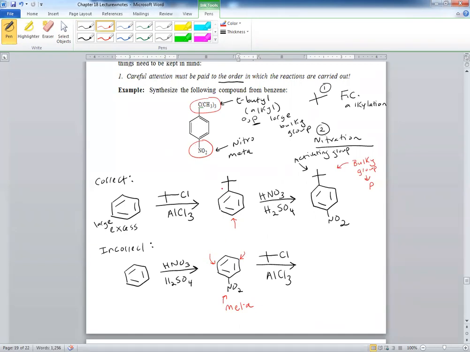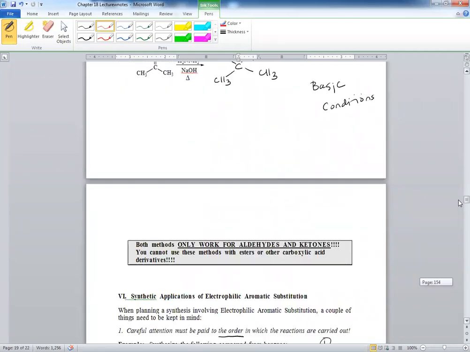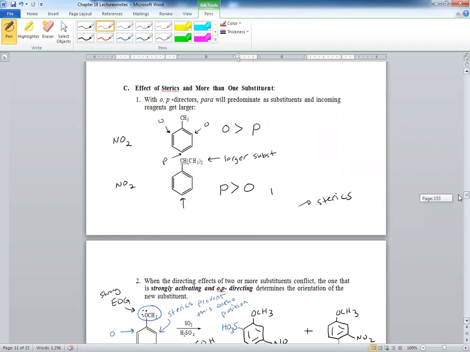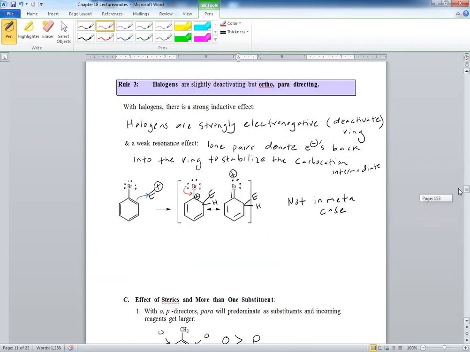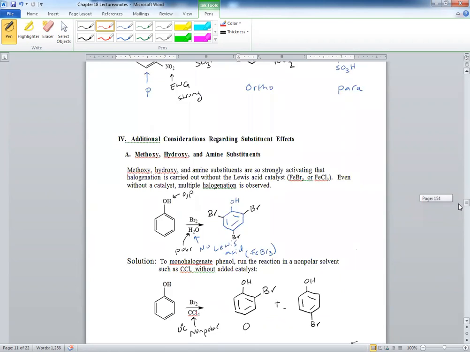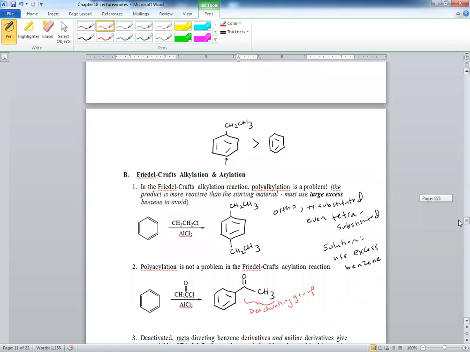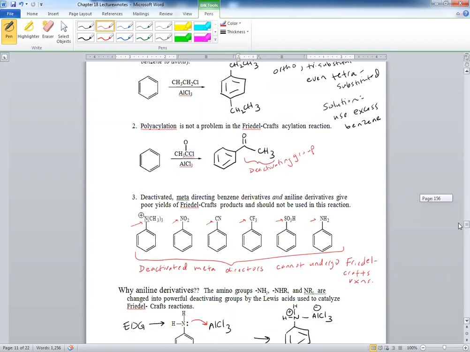The second problem is we learned about this, and let me refer back to this. Let me go back a few pages. So over here, we said deactivated meta-directing benzene derivatives and aniline derivatives give poor yields of Friedel-Crafts products and should not be used in the reaction.